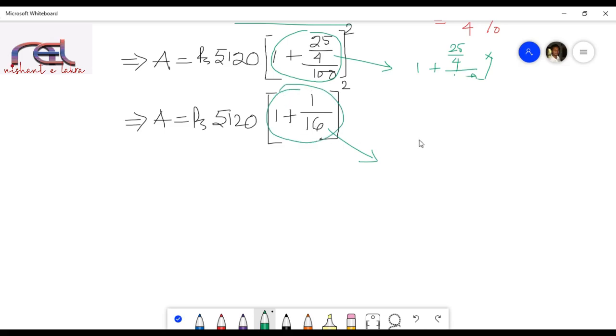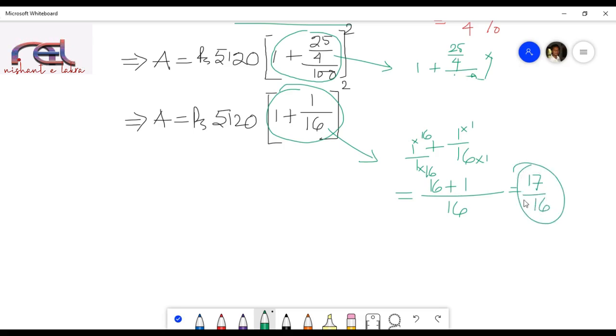You know it well, but I would like to help you again to understand it. 1, by default we take the denominator as 1. LCM would be 16. 1 into 16 is 16, so even the numerator will multiply with 16 and we get it as 16, plus 16 into 1 is the LCM 16, so same 1 will multiply with the numerator, getting 1. 16 plus 1 is 17 divided by 16.